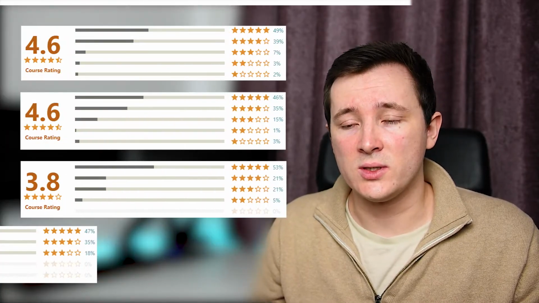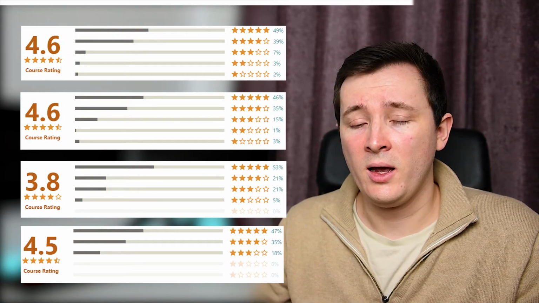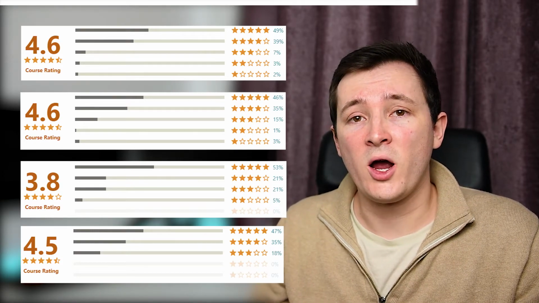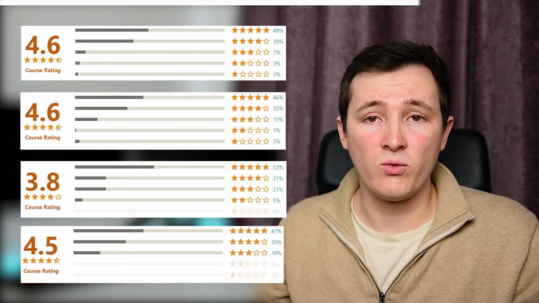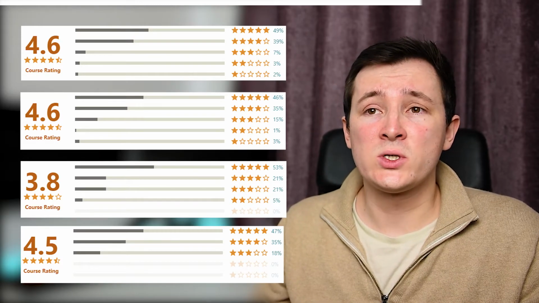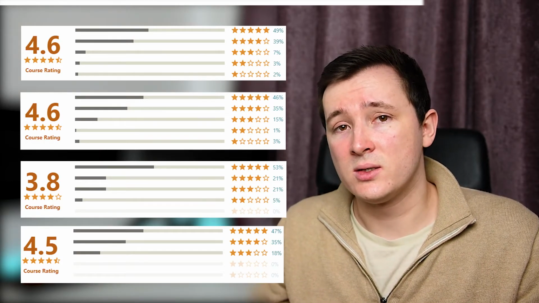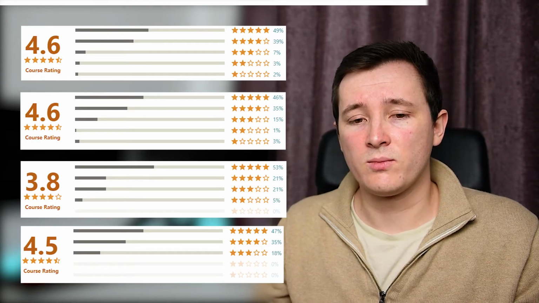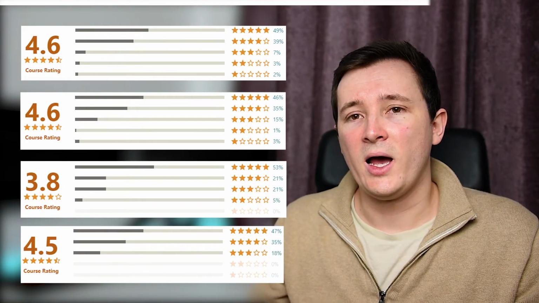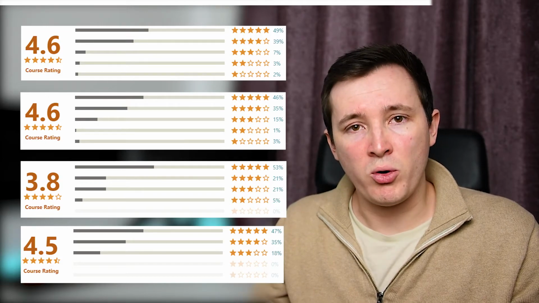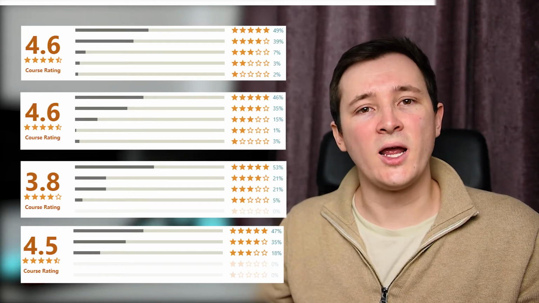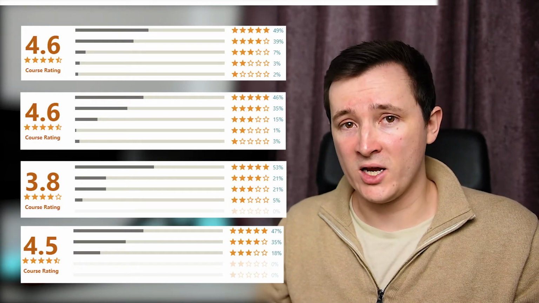So here are my courses, and what you can see is that the 5-star rating is typically given by around 50% of people who enroll in my courses, and then the 4 stars are around the mid-30s. This is, I think, pretty much a healthy split between all the ratings, and I think it's a mark of probably a good course. It probably means that your average is in the 4.5-ish stars.